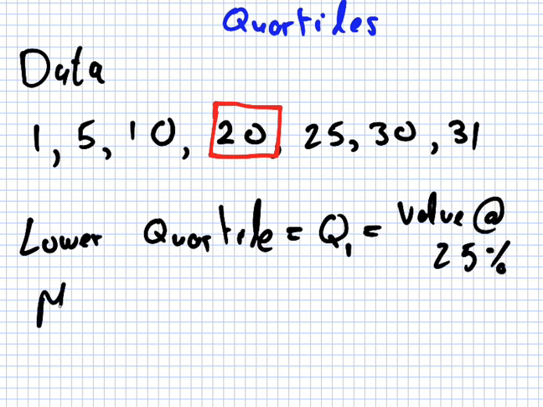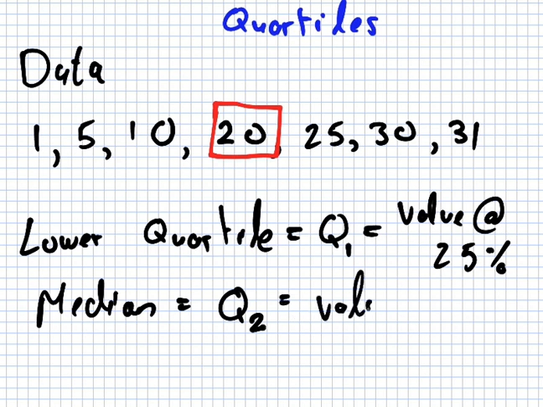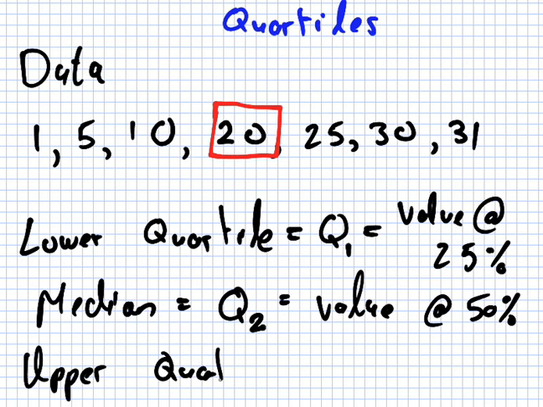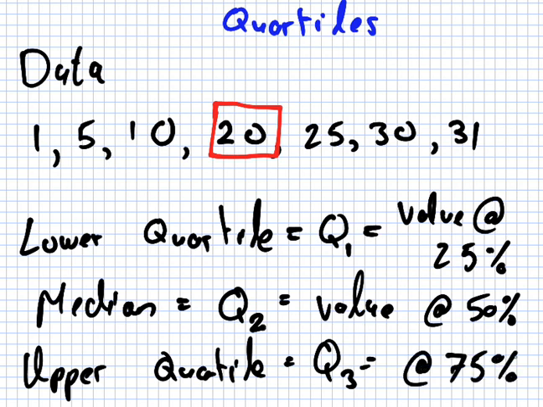The median is actually called Q2. It's like the second quarter, and you know that that's the value at 50% mark, percentile I should say, percentile. And then the upper quartile, that's Q3, and no surprise here, that's at 75% mark.